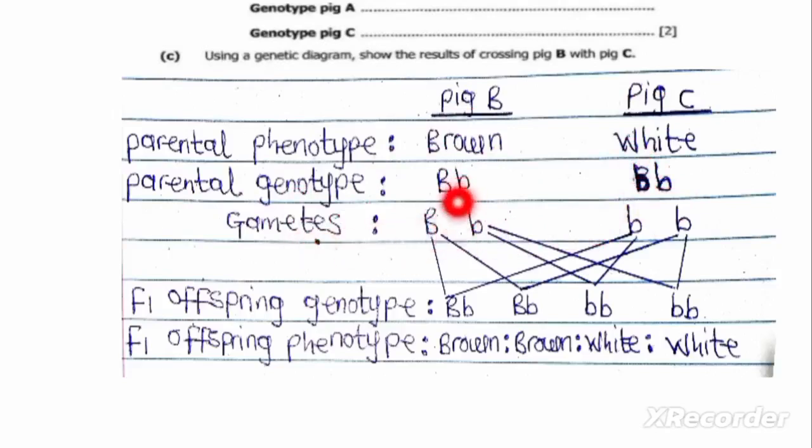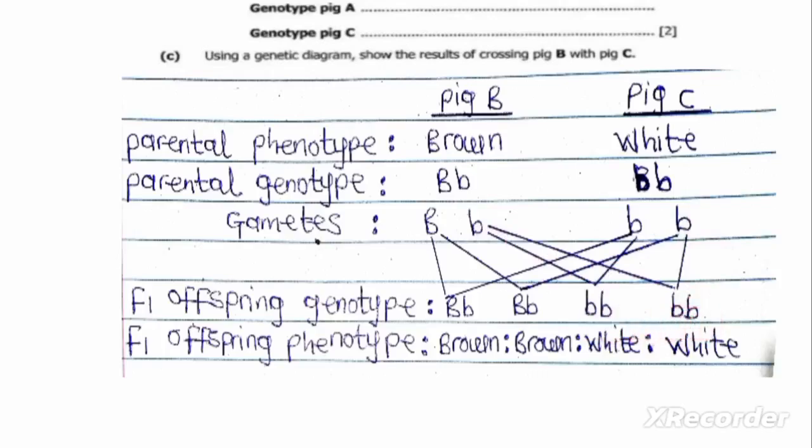Gametes, we separate the alleles. Here we have capital B, small b. We cross this one and this one, we are going to produce an offspring with the brown color. We cross this one and this one, brown again. We cross this one and this one, we are going to produce an offspring with the white color, and the last cross also gives white.